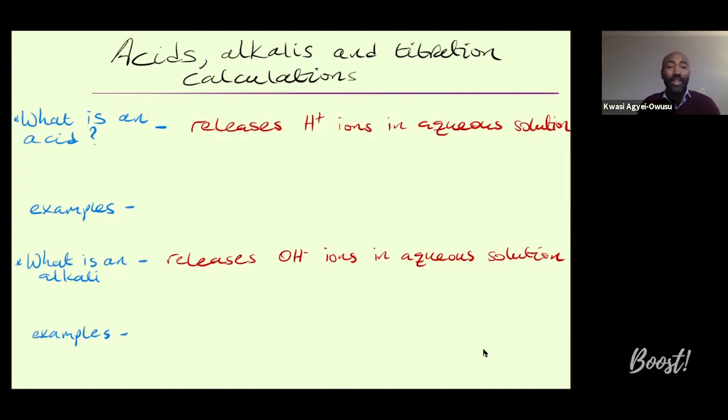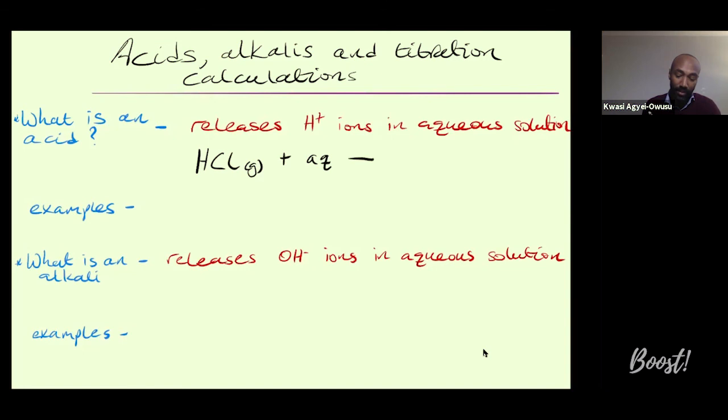Okay, so acids release H+ ions in aqueous solution, and as an example, we can have hydrogen chloride gas, for instance. If I write an equation to show exactly this, we've got HCl gas, which you can bubble into water. So we can write aq as shorthand for dissolving hydrogen chloride gas in water.